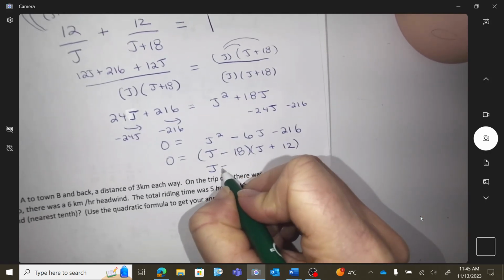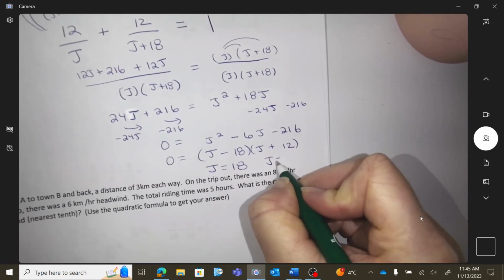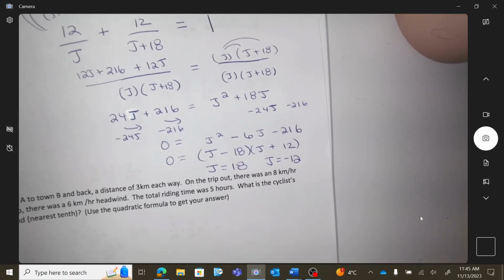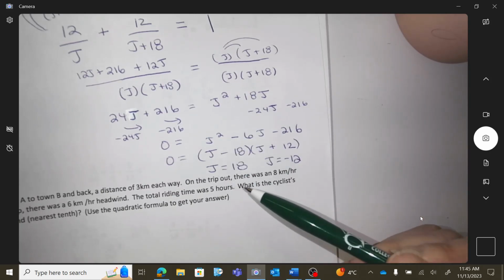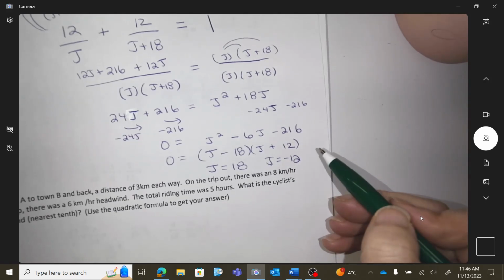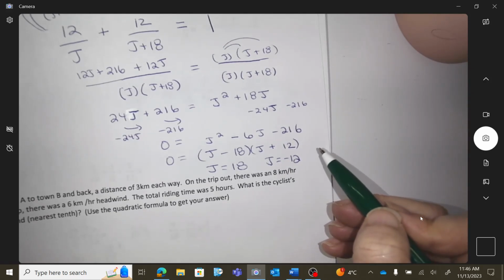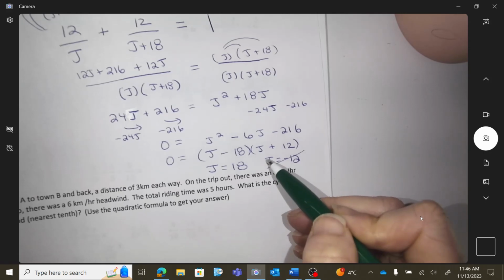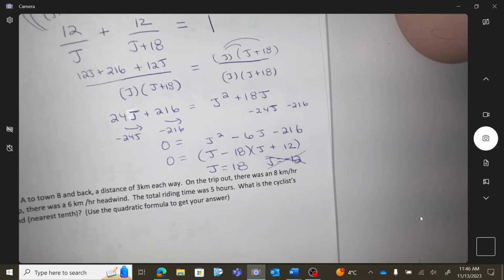So Janelle takes 18 hours or Janelle takes negative 12 hours. What do you know about this answer? She takes negative 12 hours to do the job? Question mark? Doesn't make sense, right?